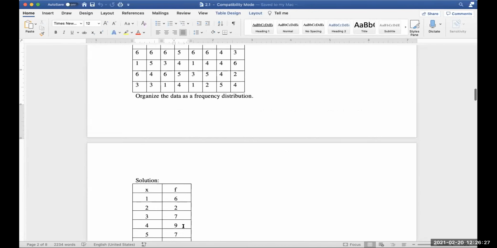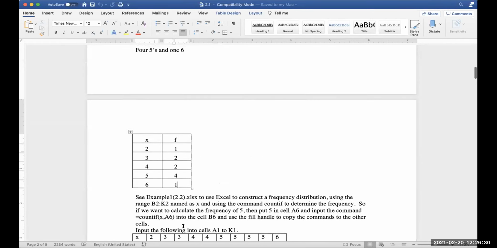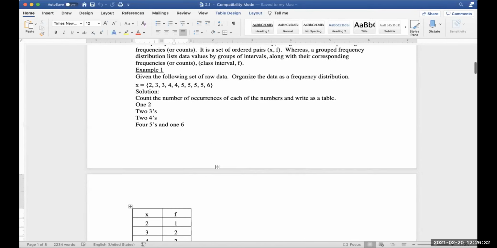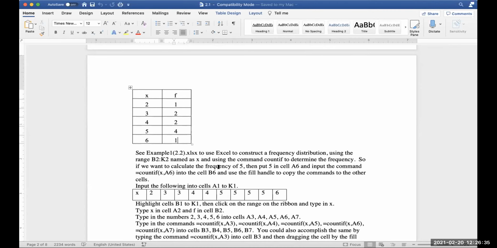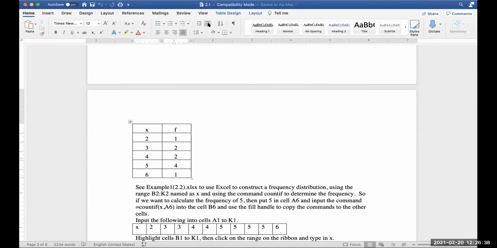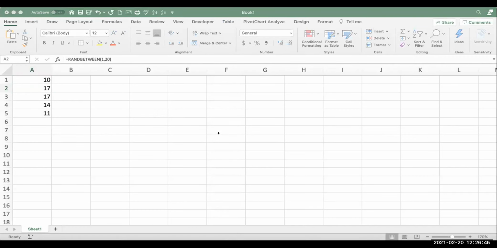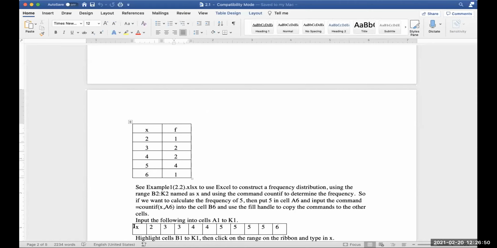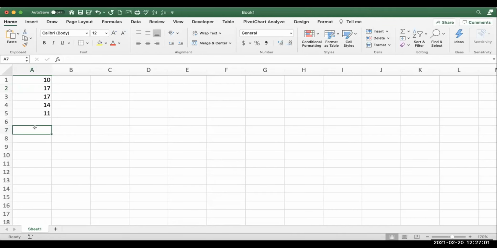Okay, so let's do that in Excel. So let's go to Excel. First, let me grab all these values here. I'll put them all here.